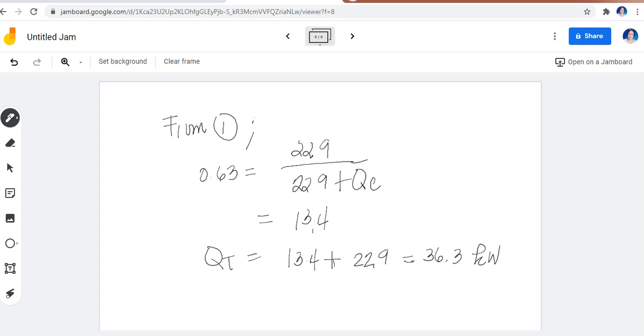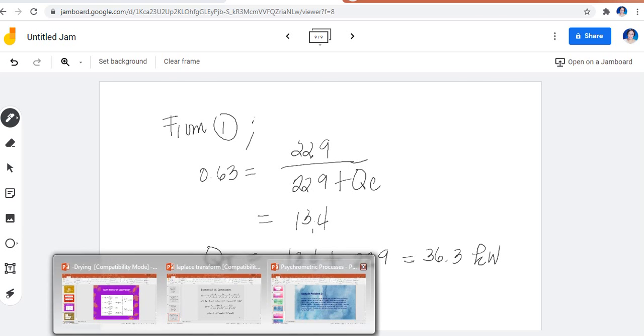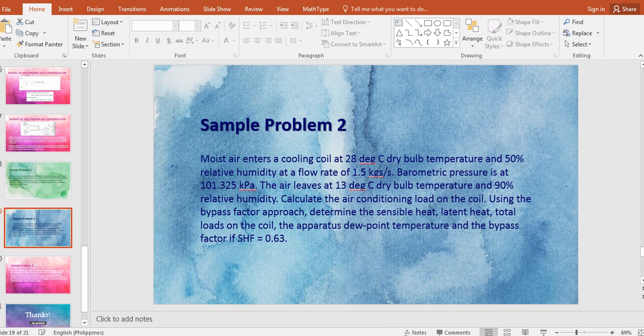We have determined the total cooling load based on the sensible heating factor and the bypass factor formulas. And by the way, the dew point temperature that was asked in the problem, I'd like to go back to that. So we have answered the bypass factor, the sensible heat, the latent heat, the total load on the coil, and the apparatus dew point temperature.